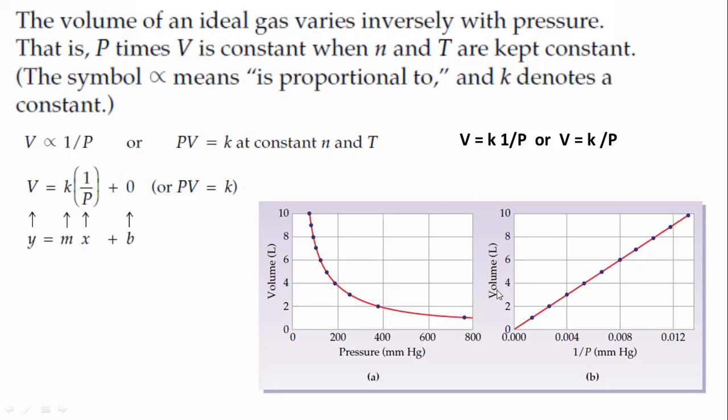I am repeating again: you would say, if you plot a graph with the volume on the y-axis and 1 over pressure on the x-axis, and the graph is a straight line passing through the origin with a positive slope, that means it is following Boyle's law and your gas is an ideal gas. And vice versa, if it is not, then your gas is not following Boyle's law, or the gas may not be an ideal gas.